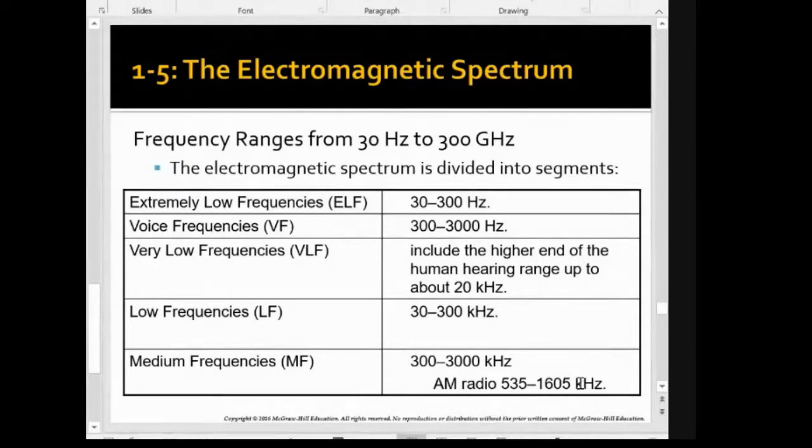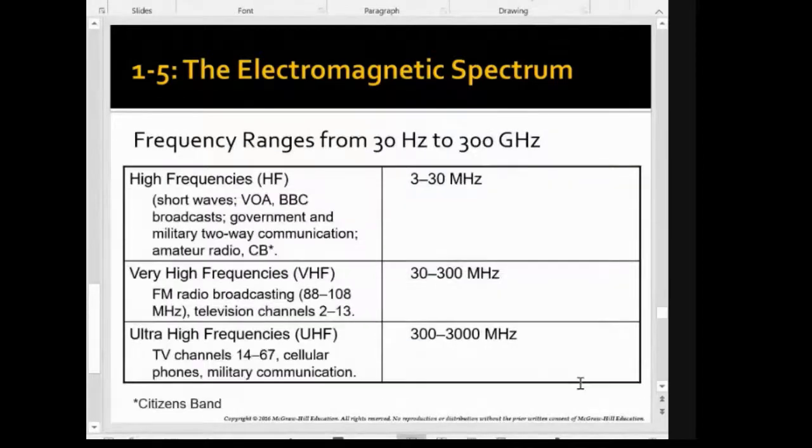But for AM, you need to search somewhere from 500 kilohertz to 1.5 megahertz, and there you can find AM radio.